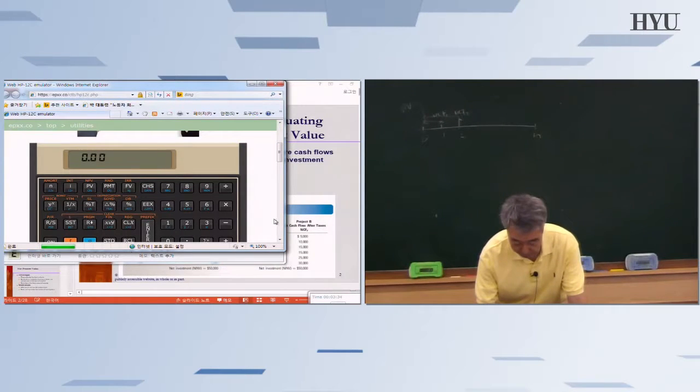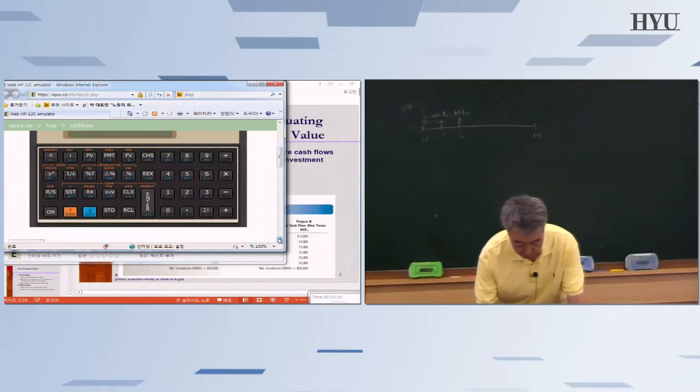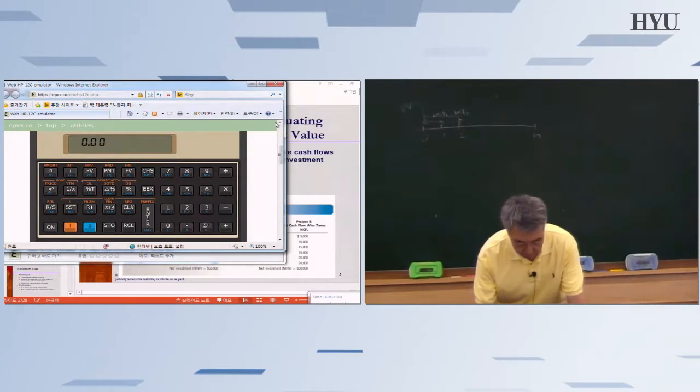But just in case you didn't get it, let me show you once again. When you have this calculator pulled up, always make sure that you clear the register. So just press the orange key and the finance orange key register. These two keys will clear all the memories in the calculator, right?